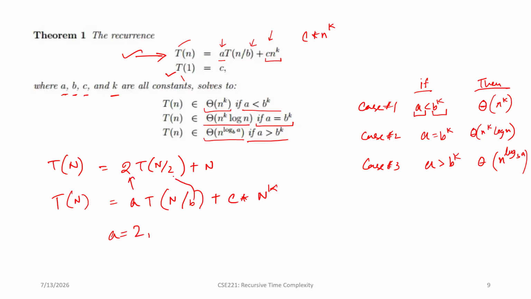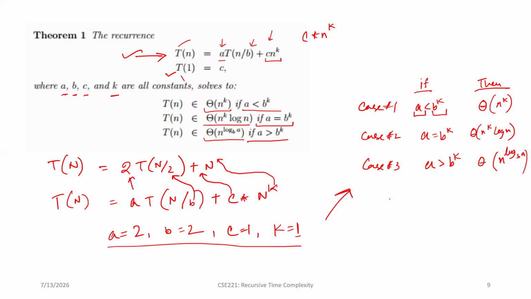The value of B is 2. The value of C is what's there in this line as the coefficient of n. That's a 1. And the value of K is what's there in this line as the power of n. That's also 1. Now you just put these values here to find out which case this belongs to.